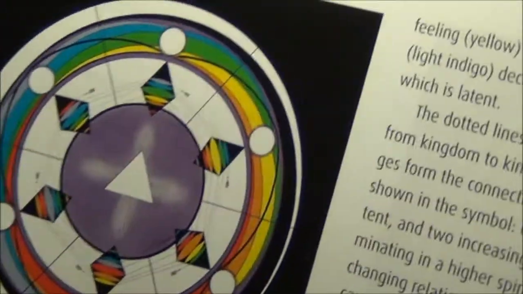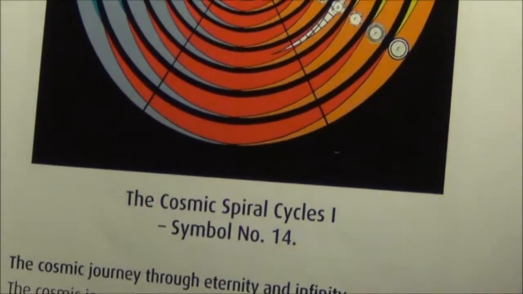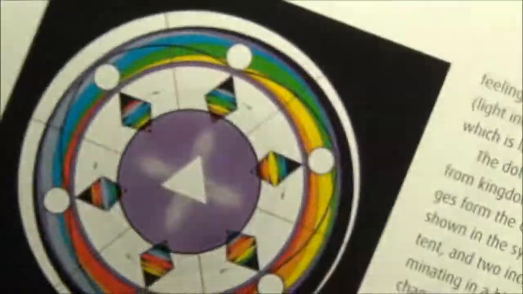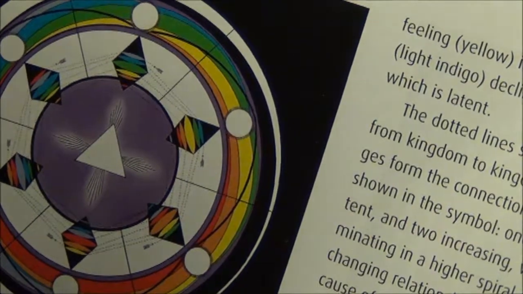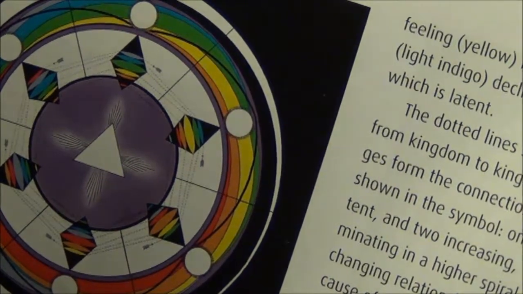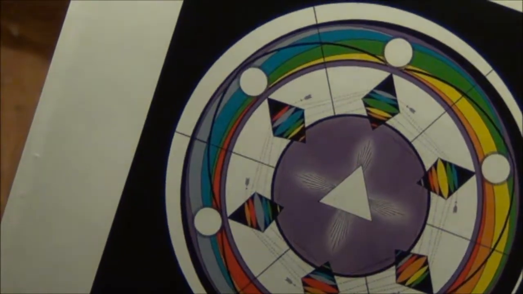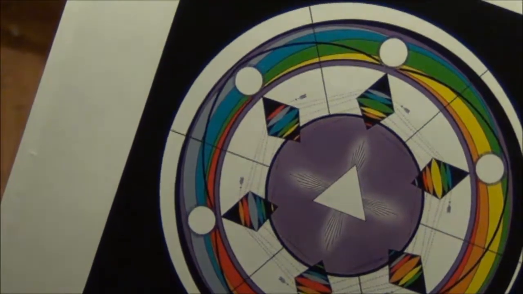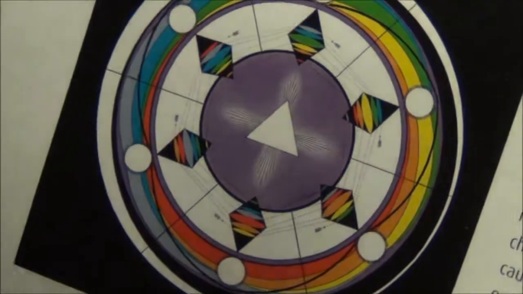See symbol 14, the cosmic spiral cycles, symbol number 14. The changing relationships between the basic energies is the cause of the different abilities to experience and create on each plane of existence. The basic energy that is culminating defines the plane of existence.